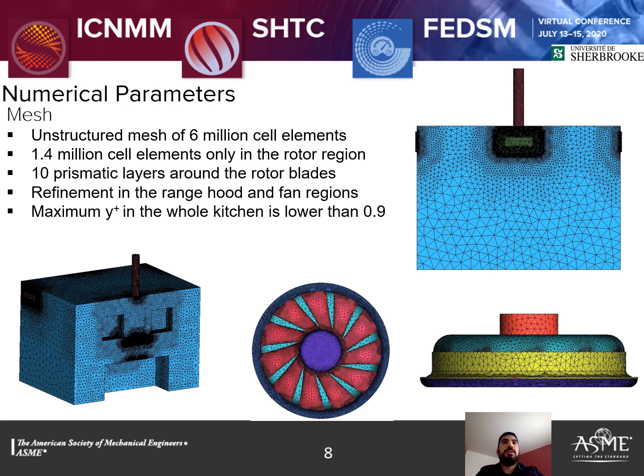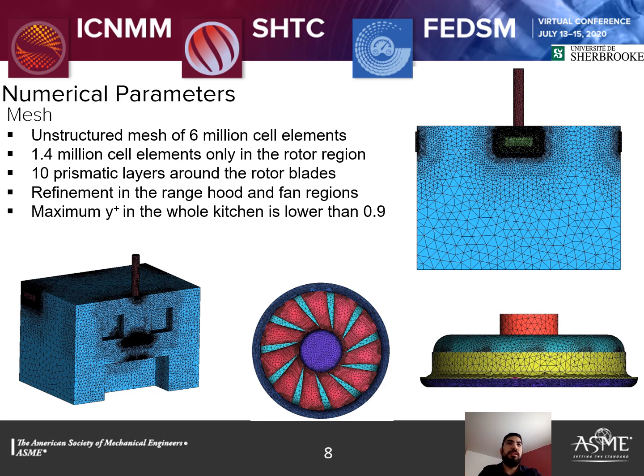Concerning the mesh, we have an unstructured mesh of 6 million cell elements in the whole kitchen, with 1.4 million cell elements only in the rotor region, where we need to model accurately the flow, the rotation motion of the fan, and the dynamic motion of the flow around the blade, because a good prediction of this flow is going to ensure a good prediction of the extraction of the pollutant, and then a good prediction of the capture efficiency.